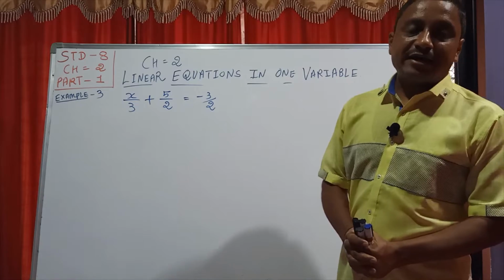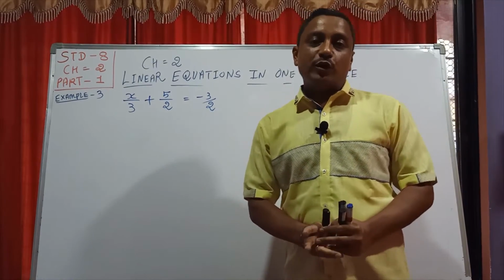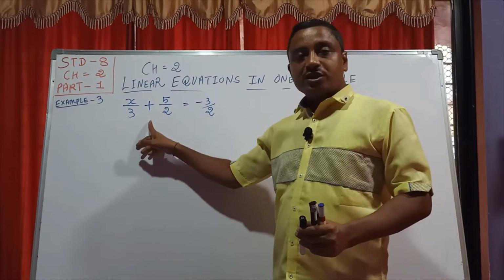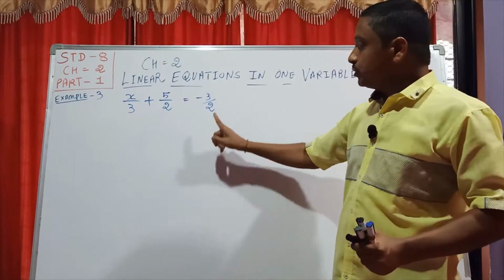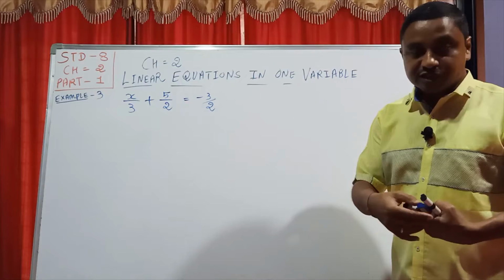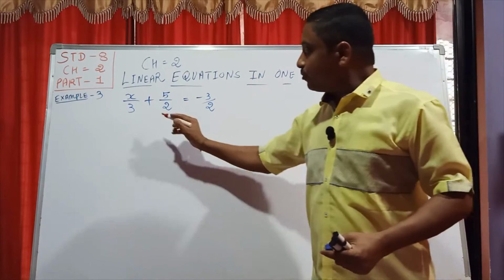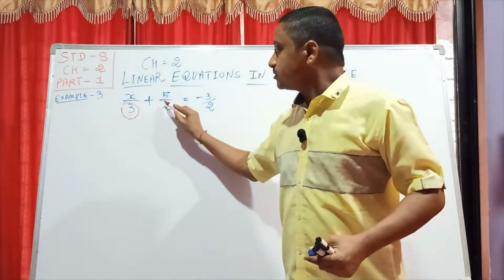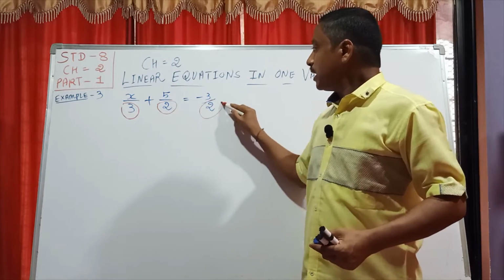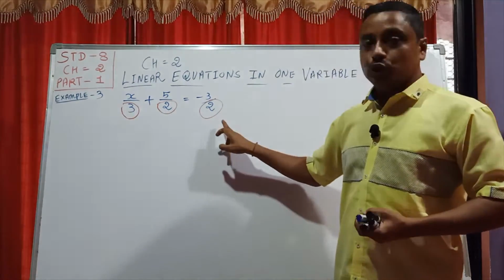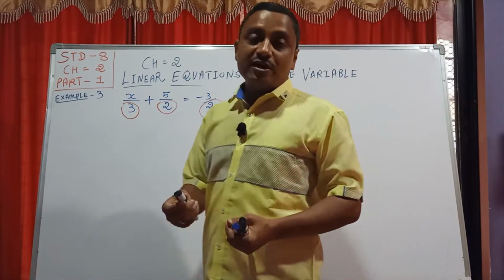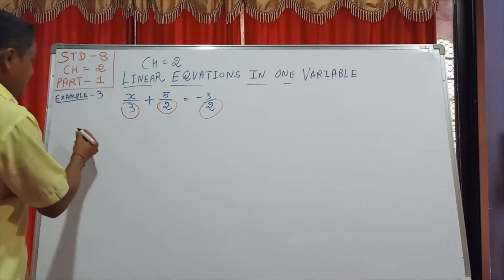Now students, after that example 2, I am going to example number 3. See the question first. X upon 3 plus 5 upon 2 is equal to minus 3 by 2. Yes students, whenever a fraction form is given, you first take the LCM of the given 3, 2, 2. Yes, I hope you understand what the LCM is.